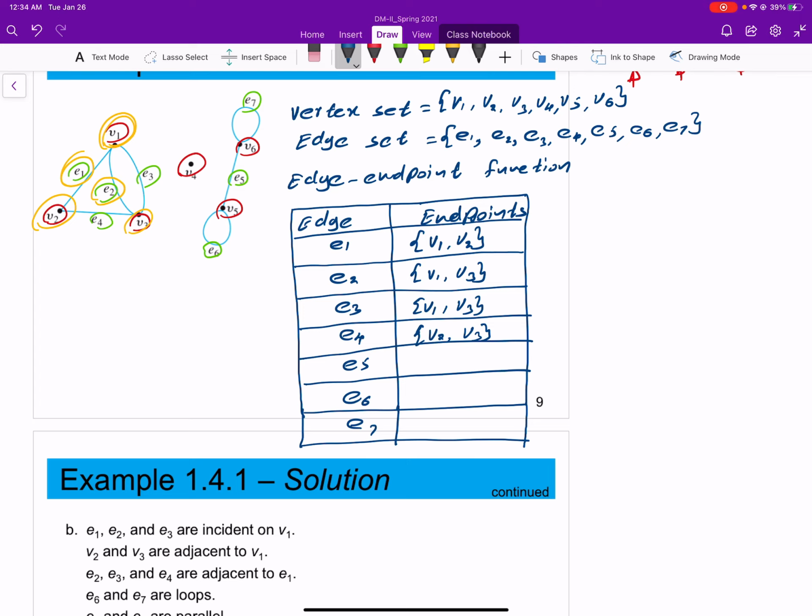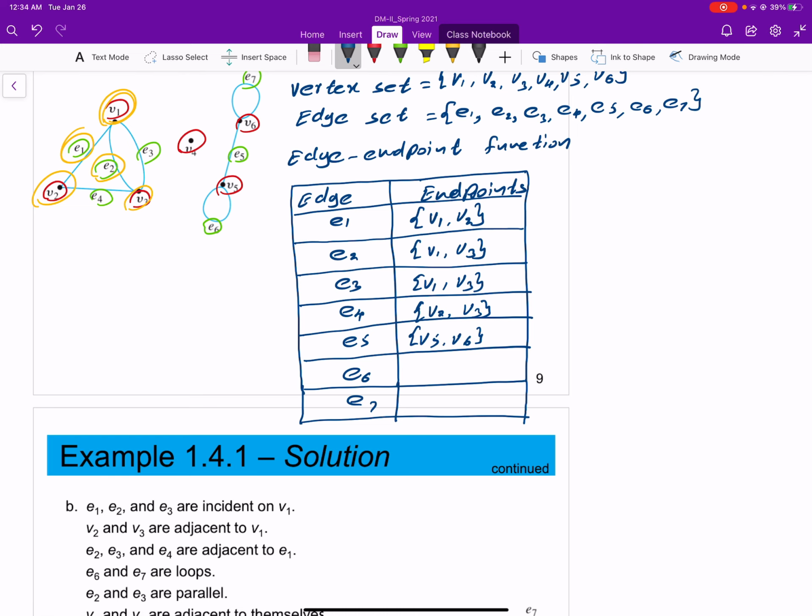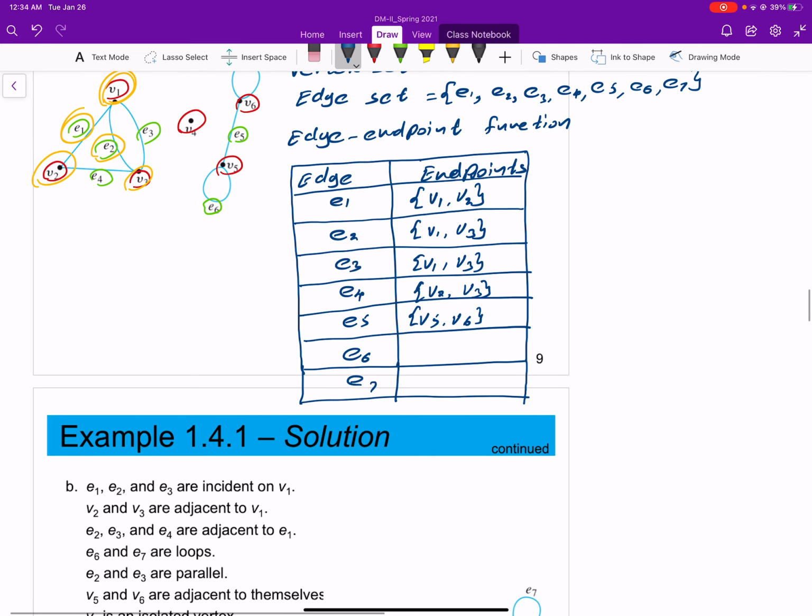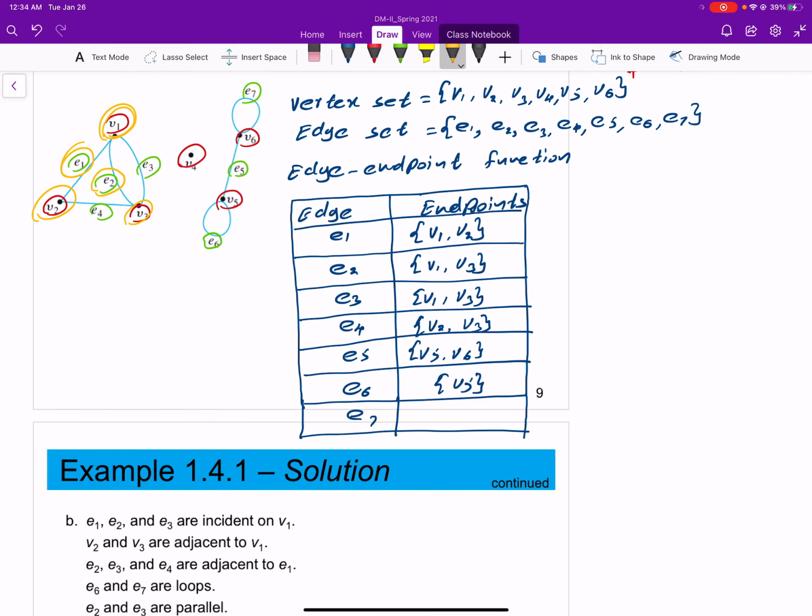And if you take E5, it is V5 V6, and if you take E6, it is V5. Okay, let me go to E6 right here.